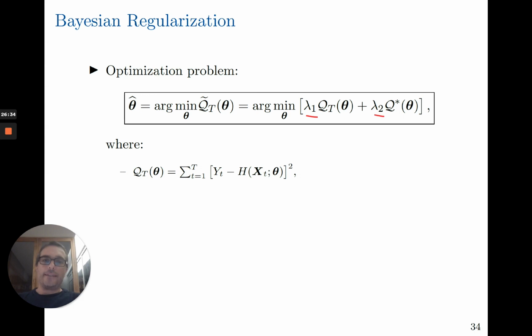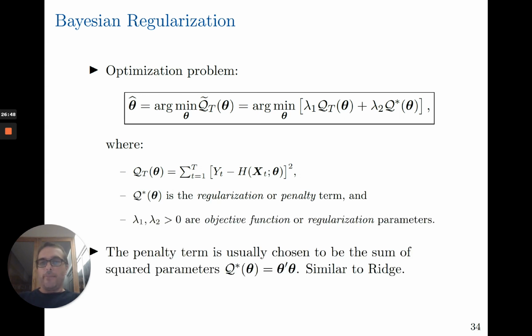Of course, we can set lambda 1 to 1, and we just tune lambda 2. That's what is usually done. Q_t is the sum of squared errors. Q star is the penalty. Usually, we are going to use the square penalty, and this is similar to ridge.